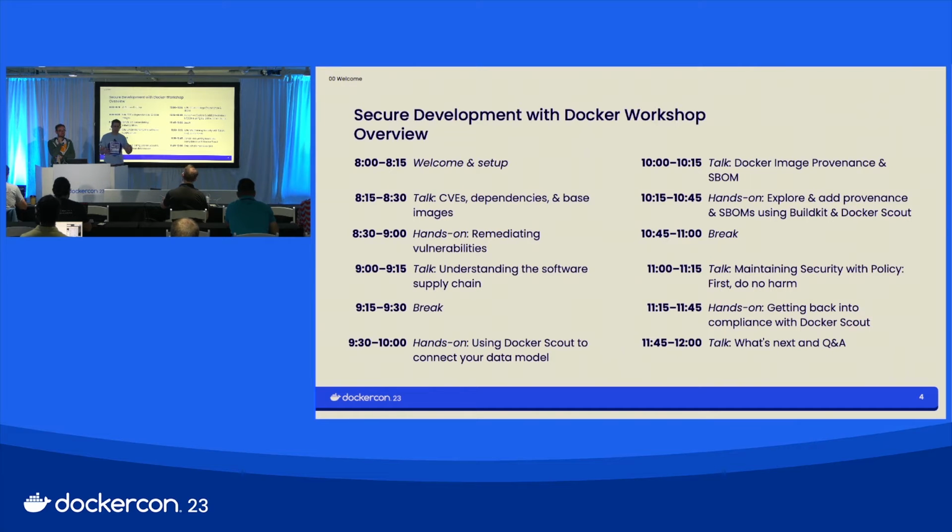Then we're going to take a step back and introduce the concepts around the software supply chain and talk about how you can use Docker Scout to connect the data model of how you develop things. And then we'll go into what that looks like within the Dockerfile, within Docker images, with information around provenance and software bills of material to enhance the content and the information that's provided in your Docker images.